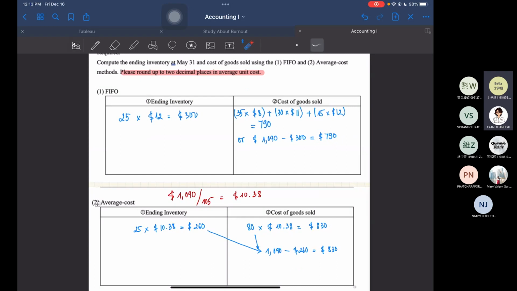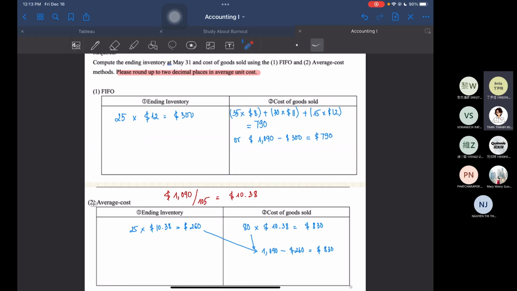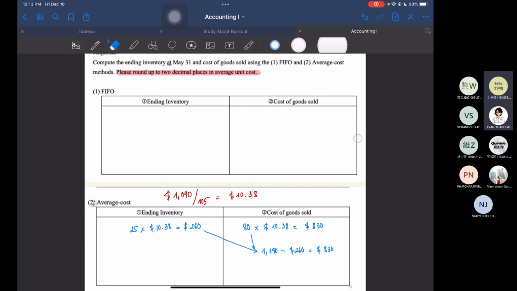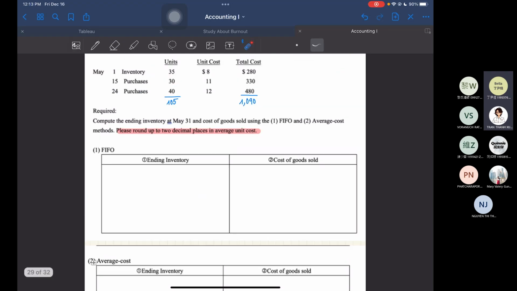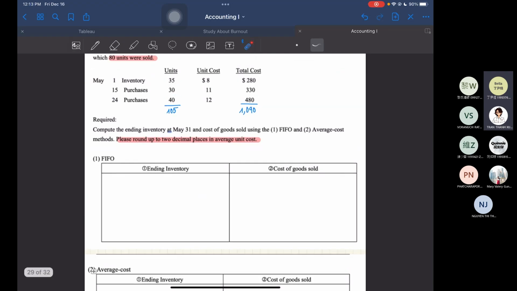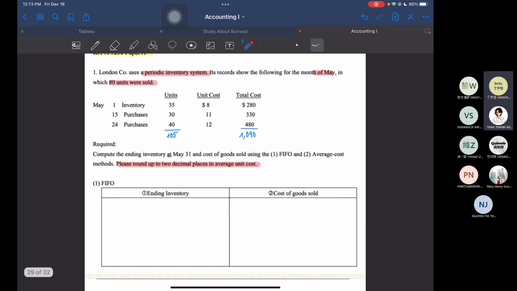Let's try to do this. I will erase all this, then we try. Okay. So how many items for the inventory?